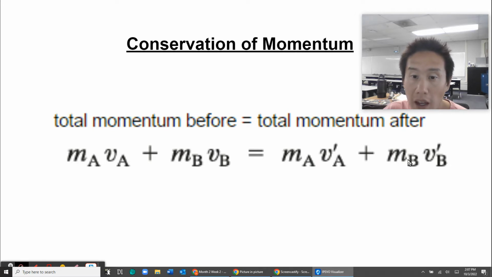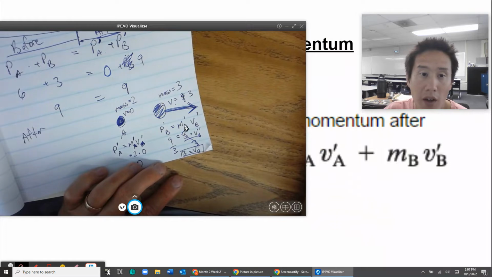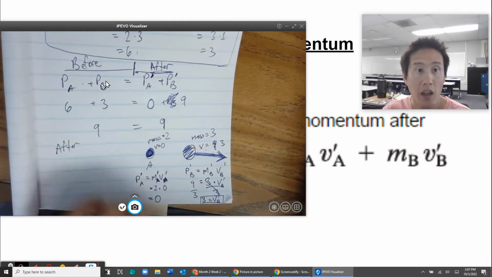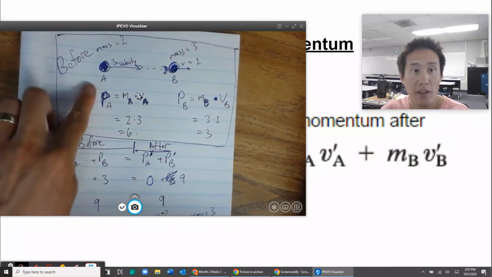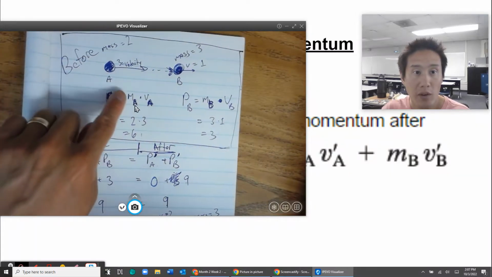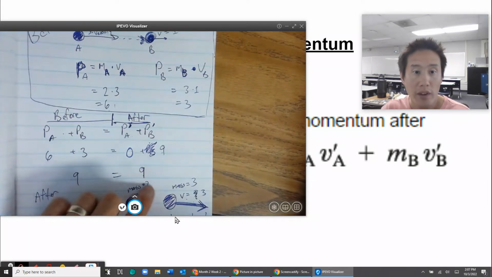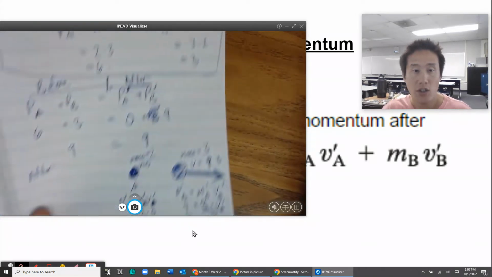MA and MB actually, if you notice, don't have a prime there, like after. Well, in case you're wondering, does the mass actually change? Look at the mass of A, which is right here, which is 2. Did that ever change?